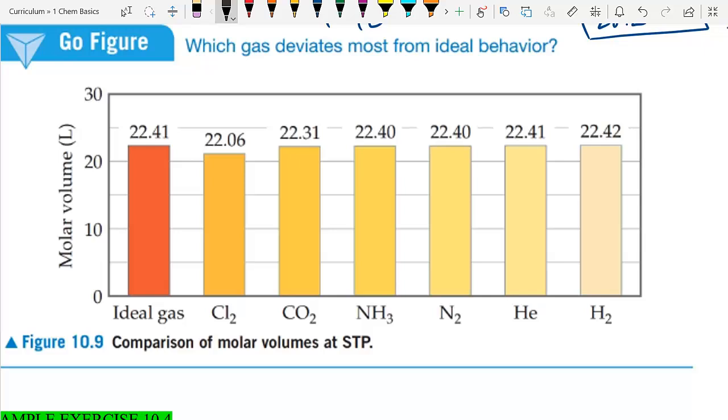So chlorine deviates the most. And what we find here is chlorine's deviation is based upon very strong intermolecular attraction, intermolecular forces. The rest of these have relatively weak intermolecular forces, so there aren't significant attractions between particles when they collide.